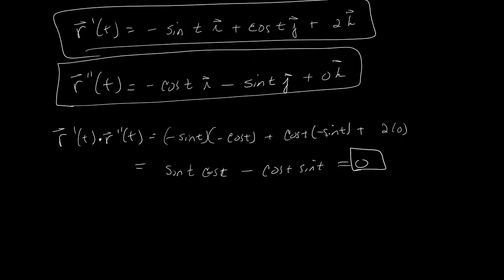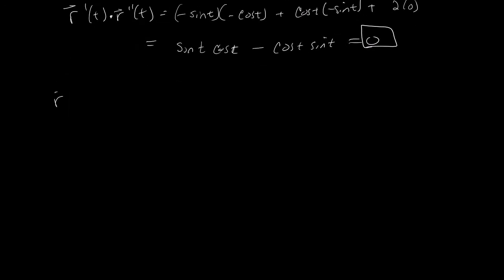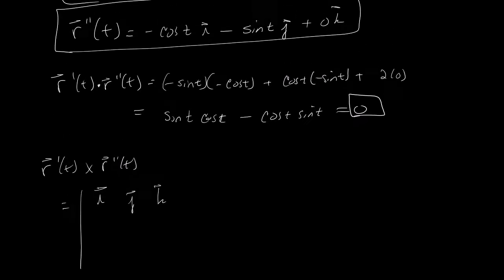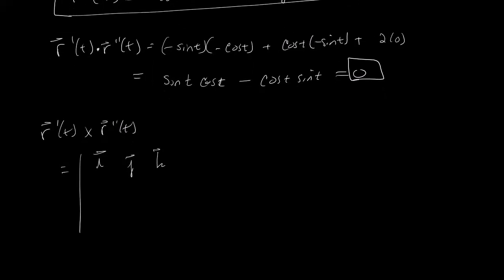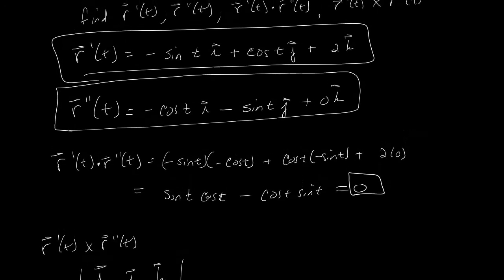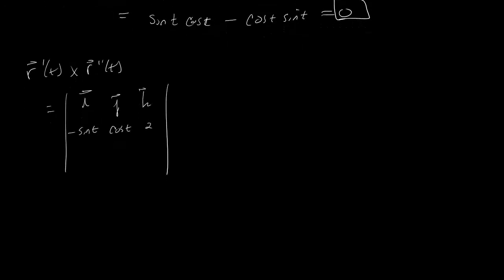All right, and finally the cross product. So we have r prime of t crossed with r double prime of t. So that's going to be equal to the determinant with i, j, k. r prime of t was negative sine, cosine, 2. R double prime was negative cosine, negative sine, 0. Then we'll do our cofactor expansion.